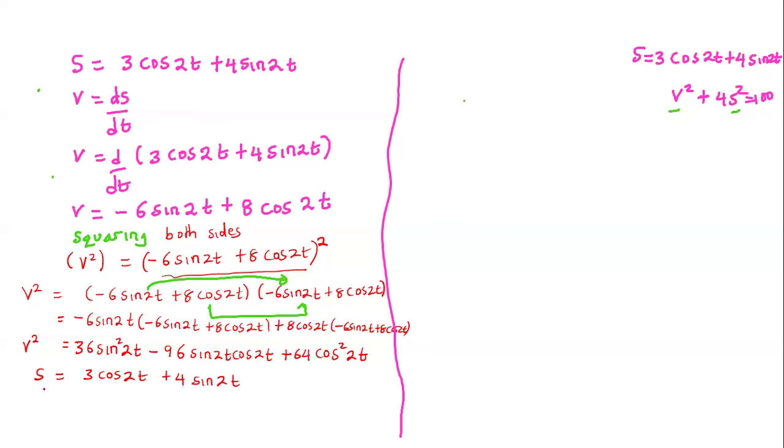So this is our S. So we are also going to square. I've told you always be very mindful where you are heading. There is S squared. So S squared is equal to 3 cos of 2t plus 4 sine of 2t, everything squared. So let's expand. Could you allow me to jump a step today?